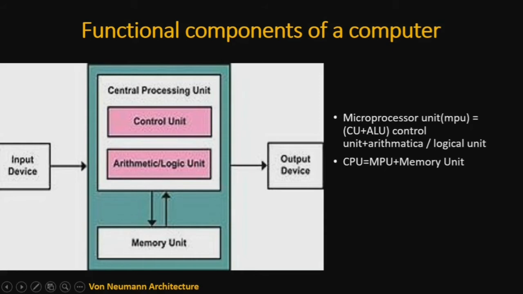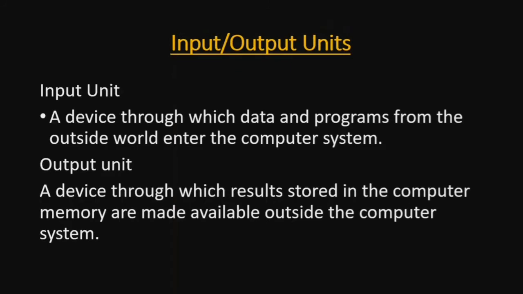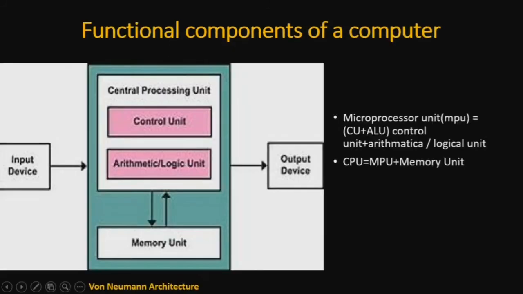Then microprocessor means what? Control unit plus ALU. Control unit controls the whole execution of a computer. And the arithmetic and logic unit, which helps to execute arithmetic operations as well as logical actions. Then the next one is the memory unit. We need to store something, and based on that only it will be able to process the data.